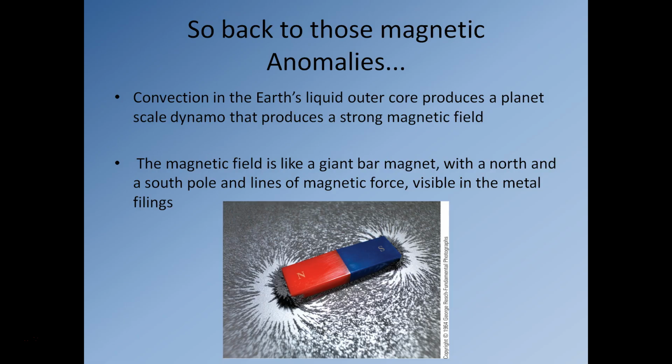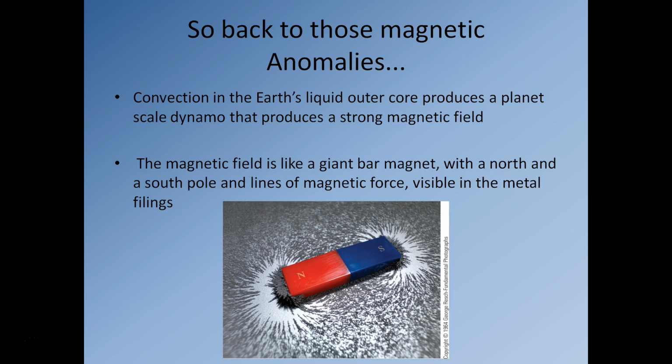These electric currents interact with the Earth's natural, very, very weak magnetic field, and it produces what we refer to as a dynamo effect, and that leads to the formation of a very, very strong magnetic field. So the magnetic field that we detect with things like compasses is actually this secondary, very, very strong one.